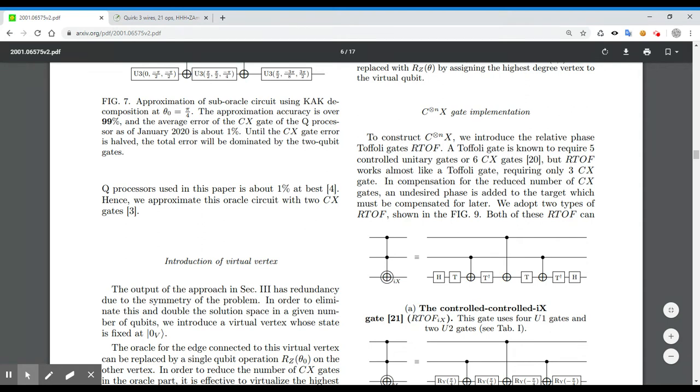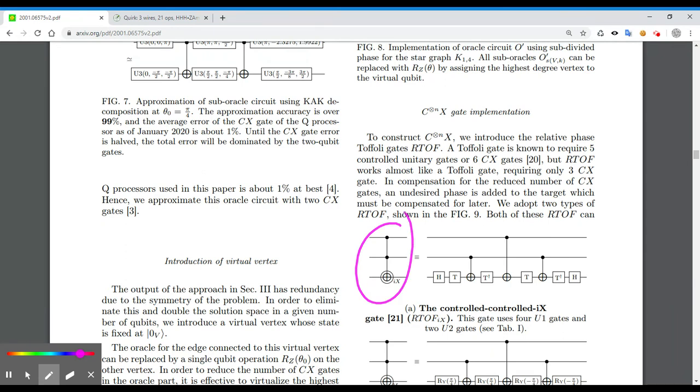So what is this? So that's this thing. That's this here, right? That's the gate Artoff. It works almost like a Toffoli gate, requiring only 3 controlled X gates. In compensation for the reduced number of controlled X gates, an undesired phase is added to the target, which must be compensated for later.